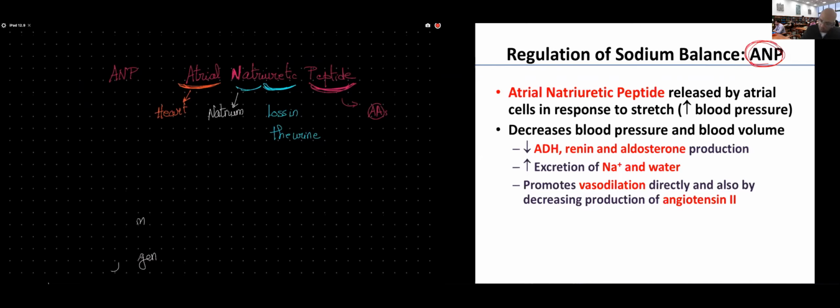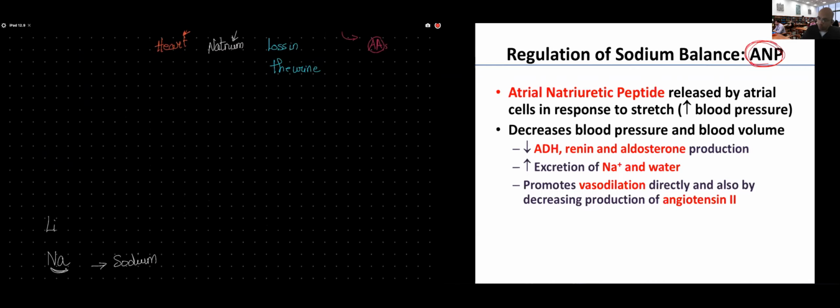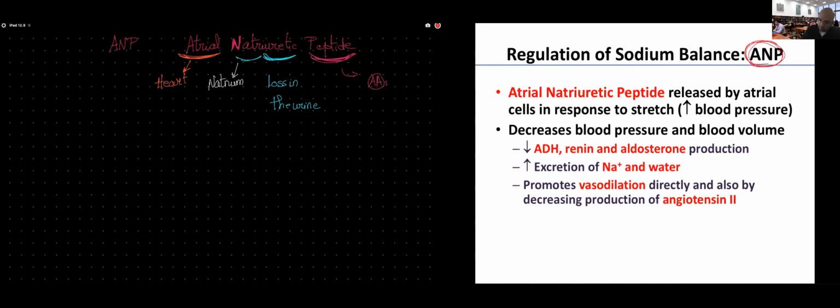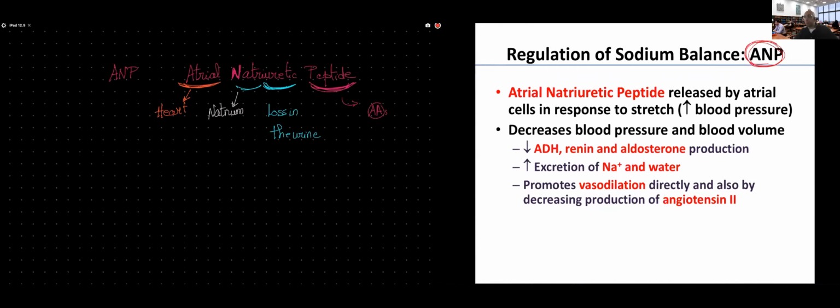So what can you understand now just from the name of this hormone, atrial natriuretic peptide? It is a hormone that is a peptide, a protein in nature. It's released from the heart and it causes sodium loss in the urine.